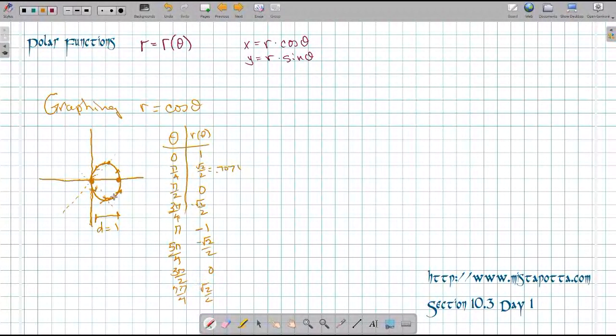So I'm overlapping this point again. And then when I'm at 2 pi, I'm back at the x-axis, and my radius is back to being 1. So I notice that when I'm graphing r equals cosine theta, I end up with a circle, but it's actually traced twice.